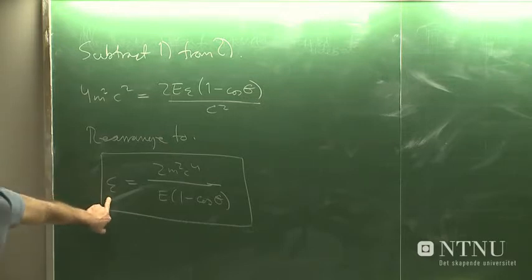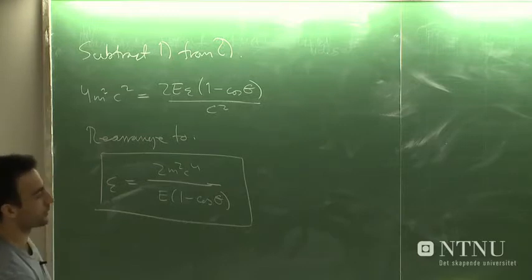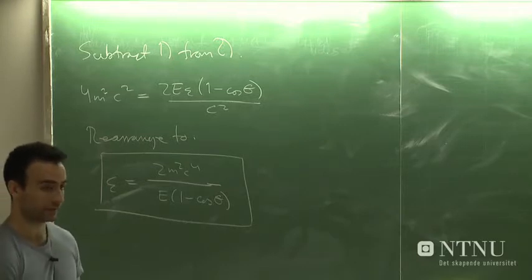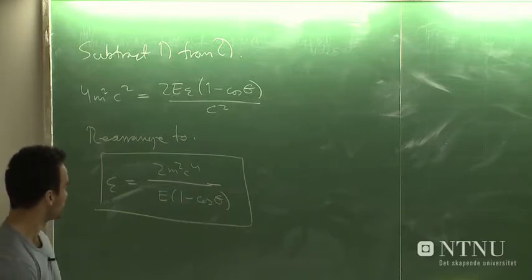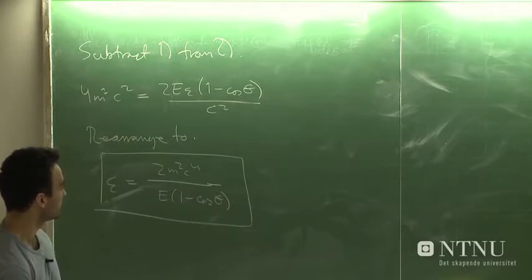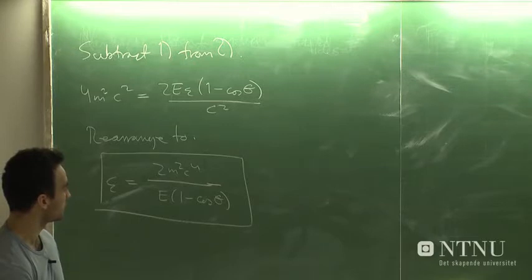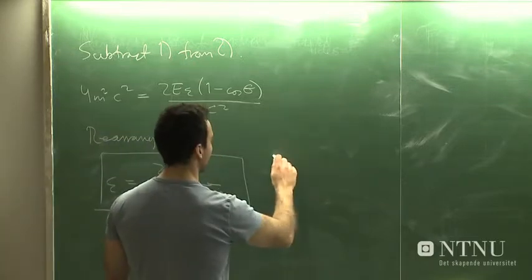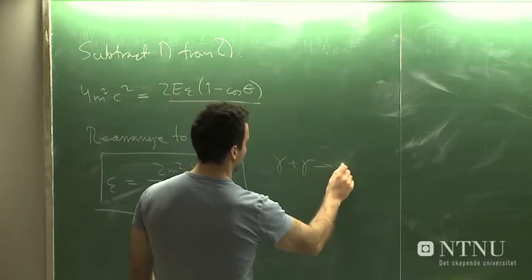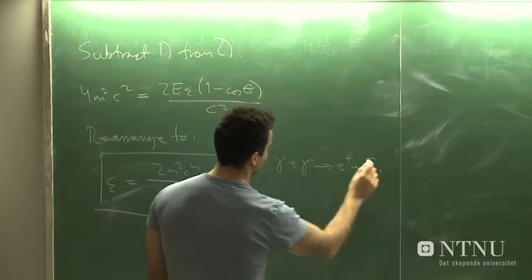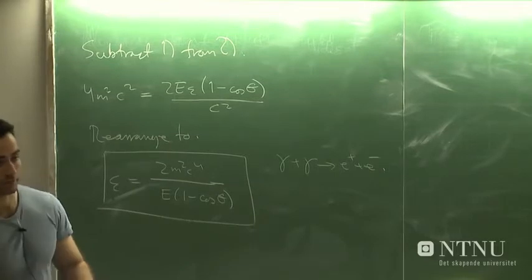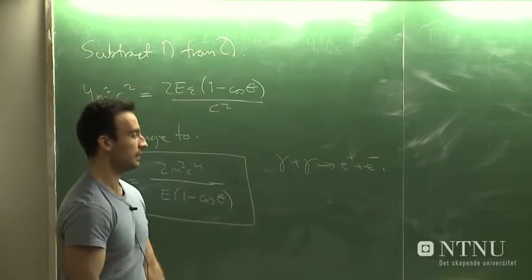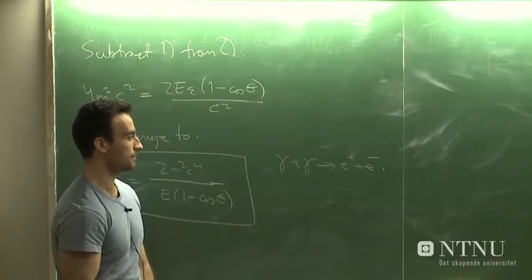So this is the threshold energy of the photon in order to enable this pair production. So this could actually represent, for instance, the following reaction, just pair production by means of photons, like this.